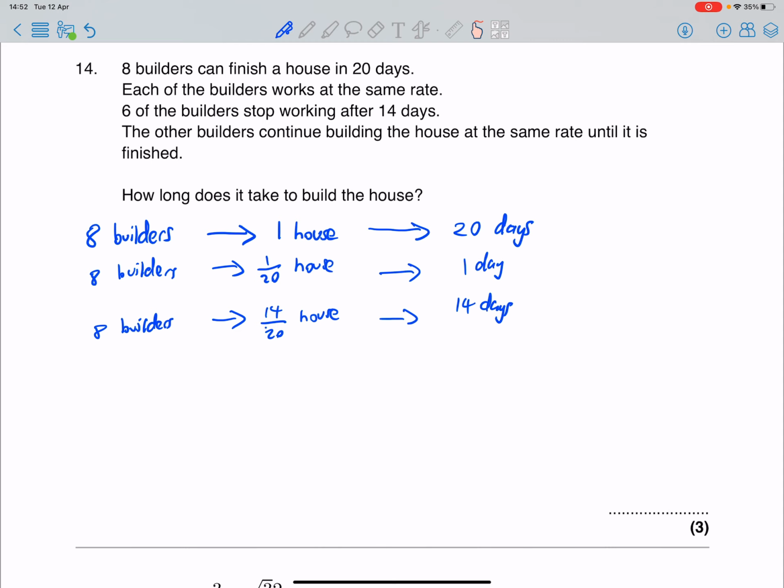Okay, so that means that after 14 days, we build 14/20ths of a house. That means that we have 6/20ths of a house left to build. And then it says 6 of the builders stop working, so now we only have 2 builders left.